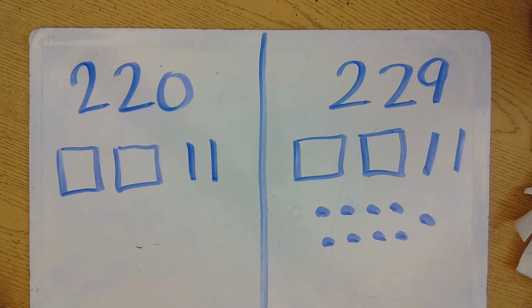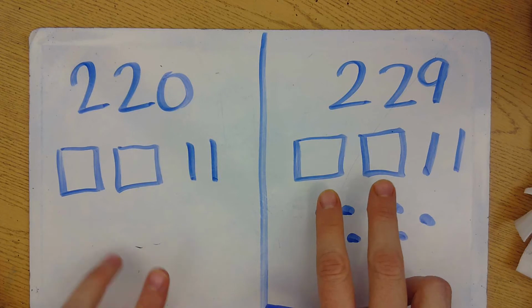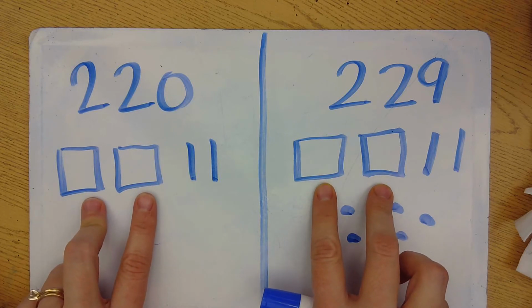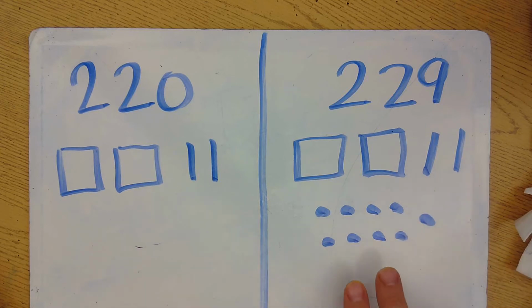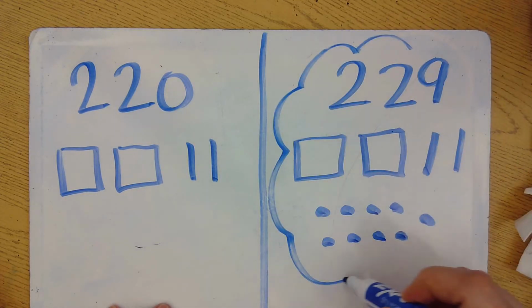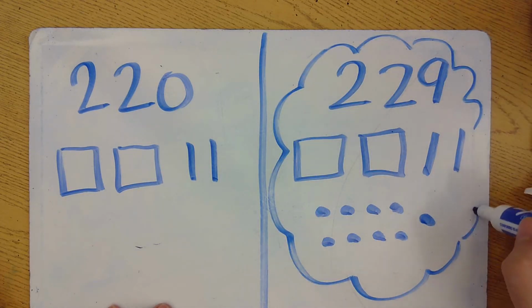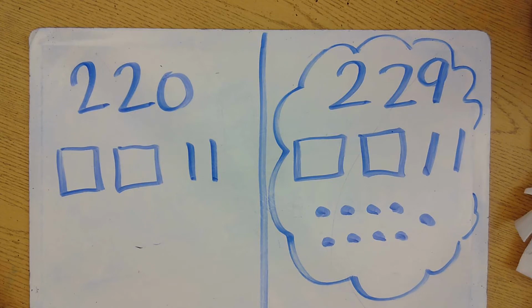Well, looking at the base 10 blocks, we can tell that 229 is bigger because there's more things on the board. There's the same number of flats, the same number of longs, but 229 has some cubes, 9 cubes, and 220 does not. So in this way, we know that 229 is the larger number.